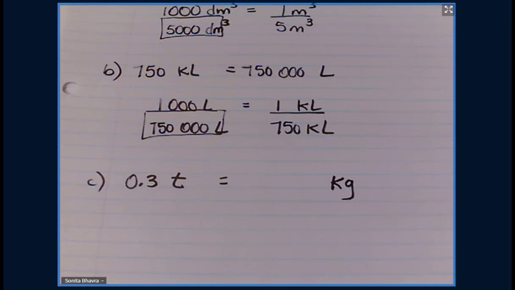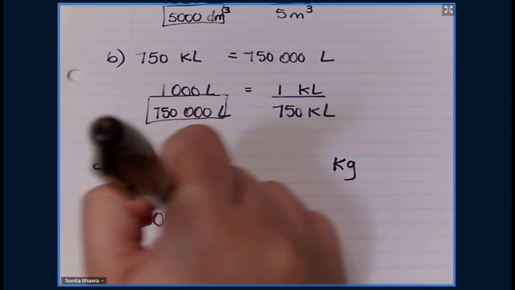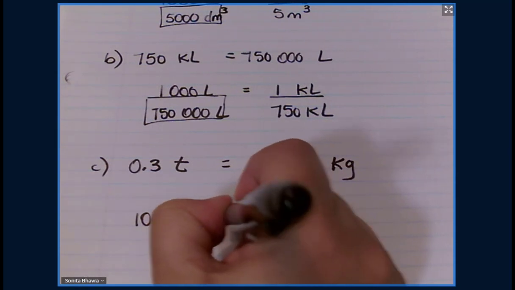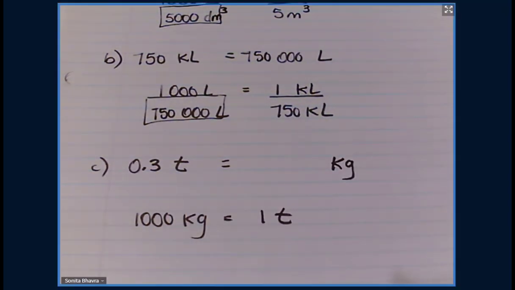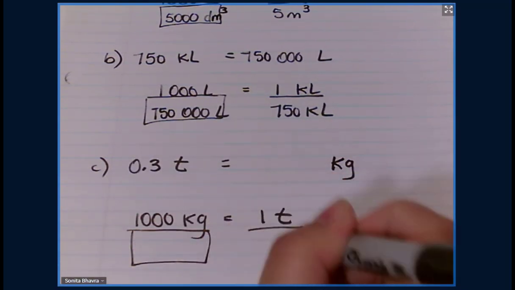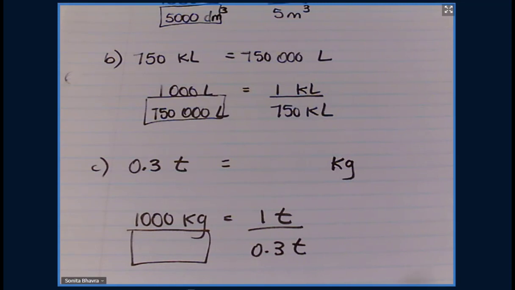I'm just going to again show using the conversion factors. We know that 1,000 kilograms is equal to 1 ton, and we need to figure out how many kilograms are in 0.3 tons.